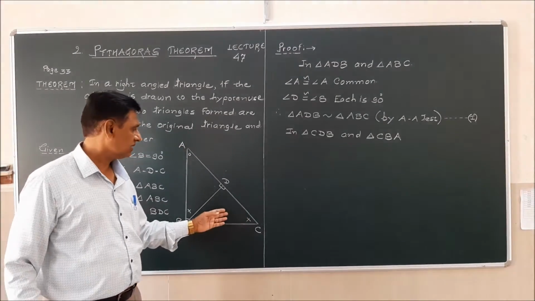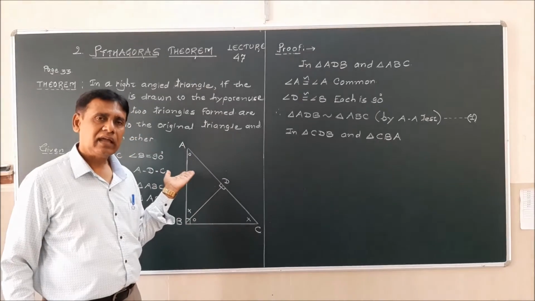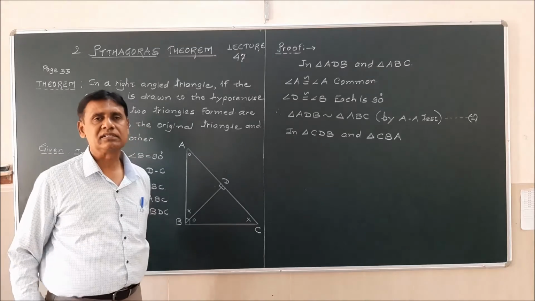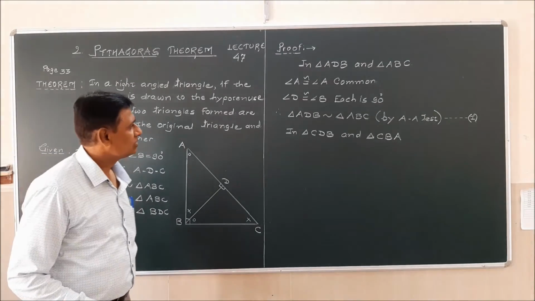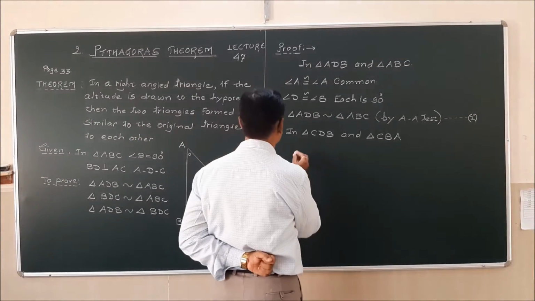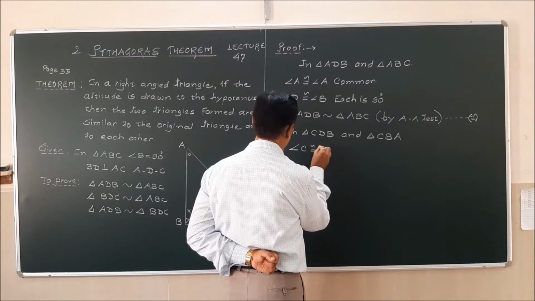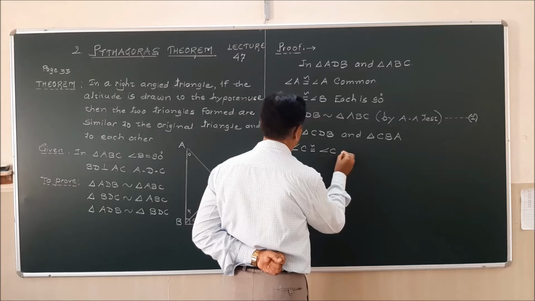In the first case, we considered A as a common angle. Likewise, in the second case, we consider C as a common angle. So you will find here angle C is congruent with angle C, that is common.